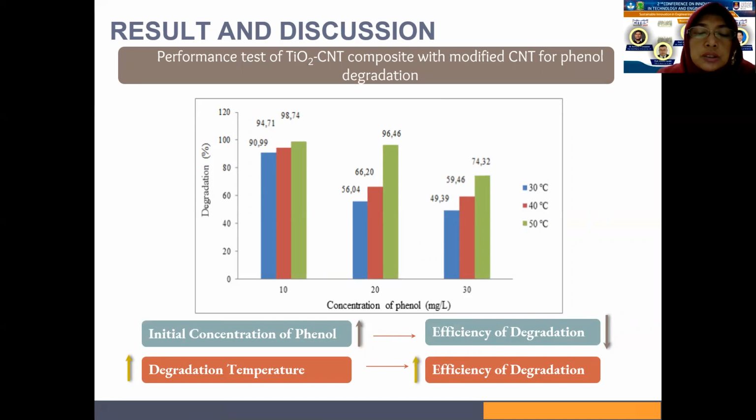At the variation of concentration, 10 ppm gives a higher percentage degradation than 20 and 30 ppm. At the variation of temperature, a degradation temperature of 50 degrees Celsius is higher than 30 and 40 degrees Celsius.